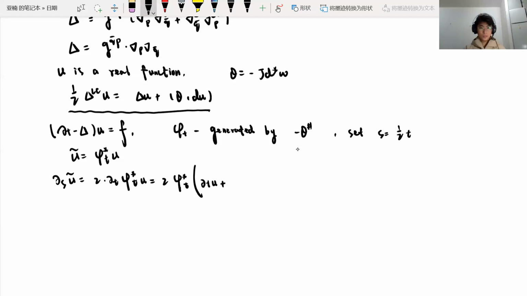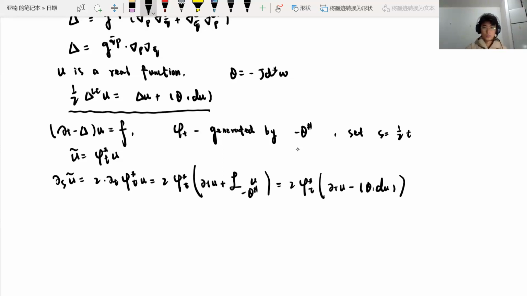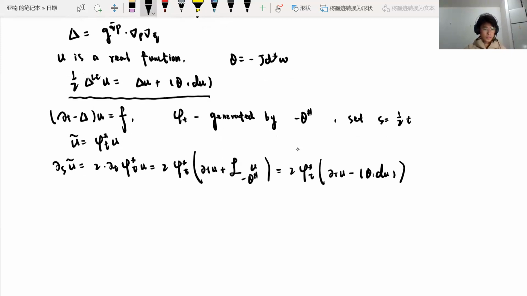And generated by this vector field, well, it's just this. And we compute the Laplacian induced by the pullback of the metric.